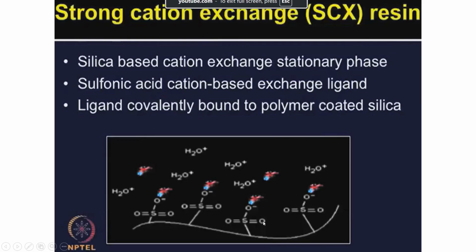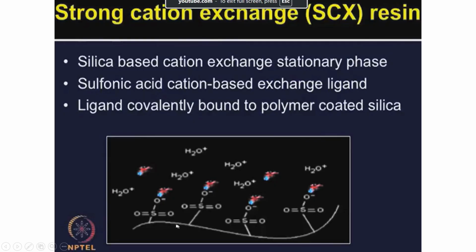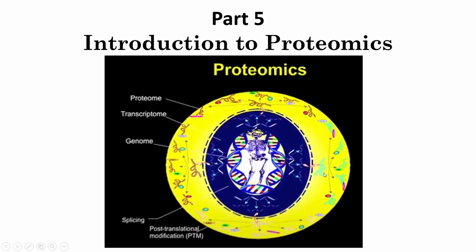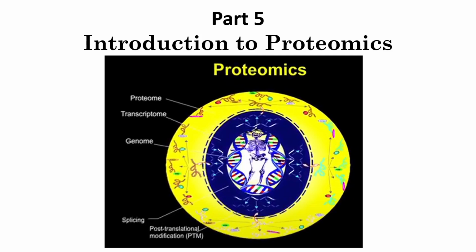Here it is a reverse phase column; similarly, this column will have ligands attached to it, a silica-based cation exchange stationary phase. Depending upon the protein, it may be a sulfonic acid cation-exchange ligand. This is an example of ion exchange chromatography, wherein the ligand is covalently bonded to this polymer, and proteins are separated, with some eluted later whereas the other proteins elute out first.